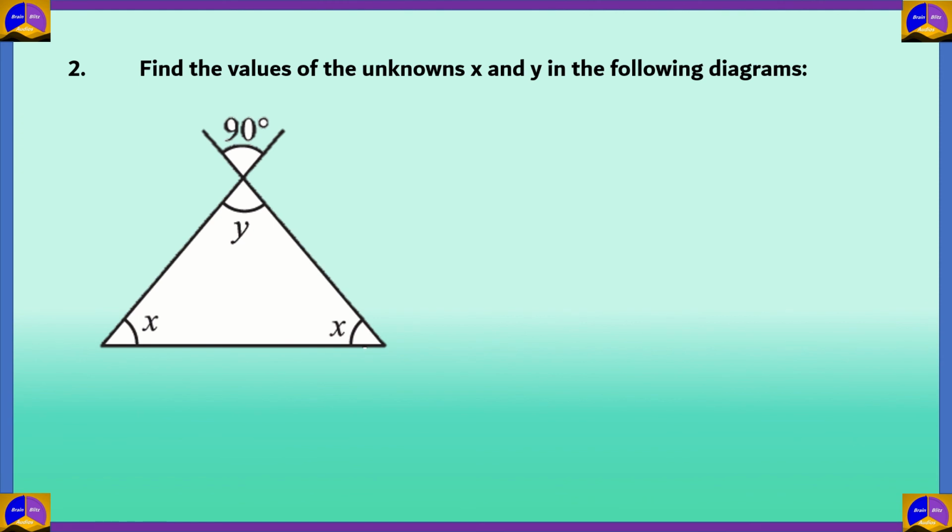So, in this question, y and 90 degrees are opposite to each other and they form an x. So they are vertically opposite angles and they are always equal. y would be equal to 90 degrees. Reason? Vertically opposite angles.